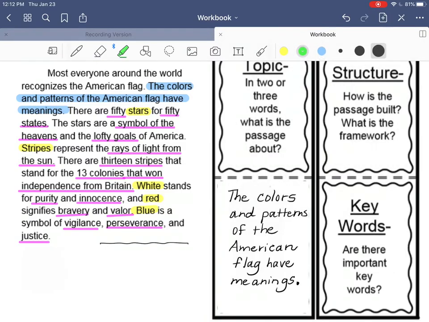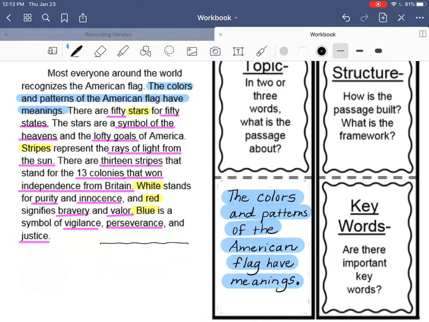And if you notice, it's the same sentence that we highlighted in our story. I wouldn't expect to find anything in this story about the Russian flag. This is a story about the American flag. So it will relate to the topic in a very specific way.